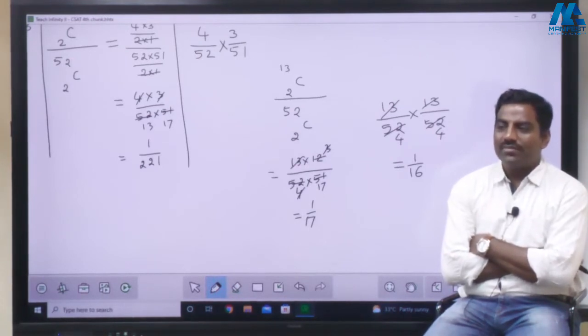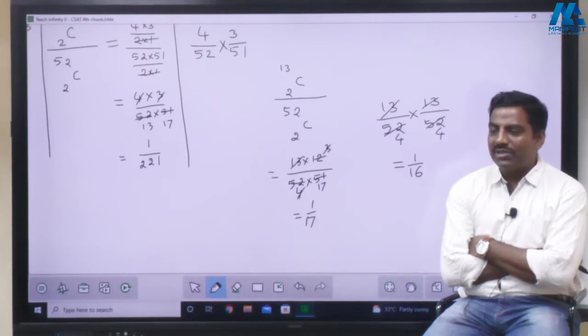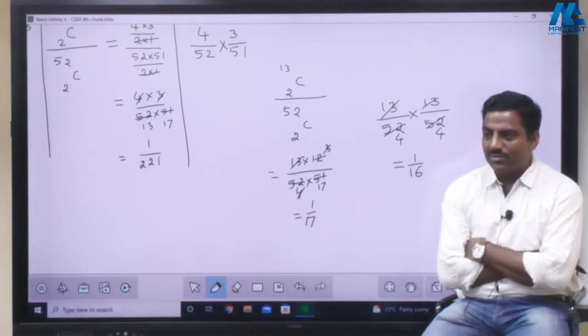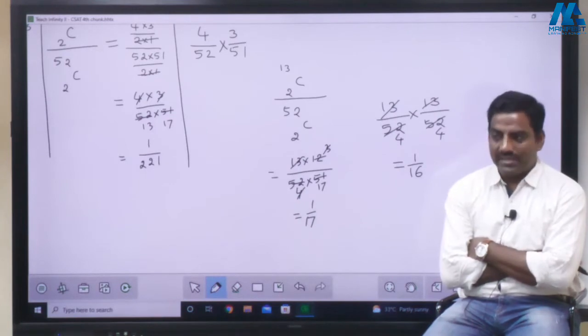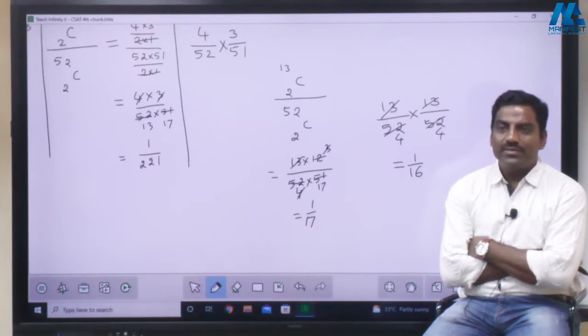In the numerator, I have told either king or diamonds. So how many kings or diamonds will be there? 4 kings, 13 diamonds, but one will be common. That is the king of diamonds. So 16. So 16C2. 52C2 in the denominator, 16C2 in the numerator.